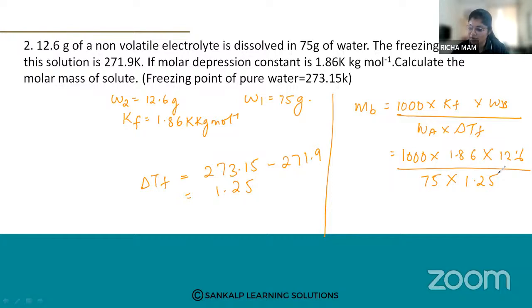Whatever answer you get, it should be in gram per mole.